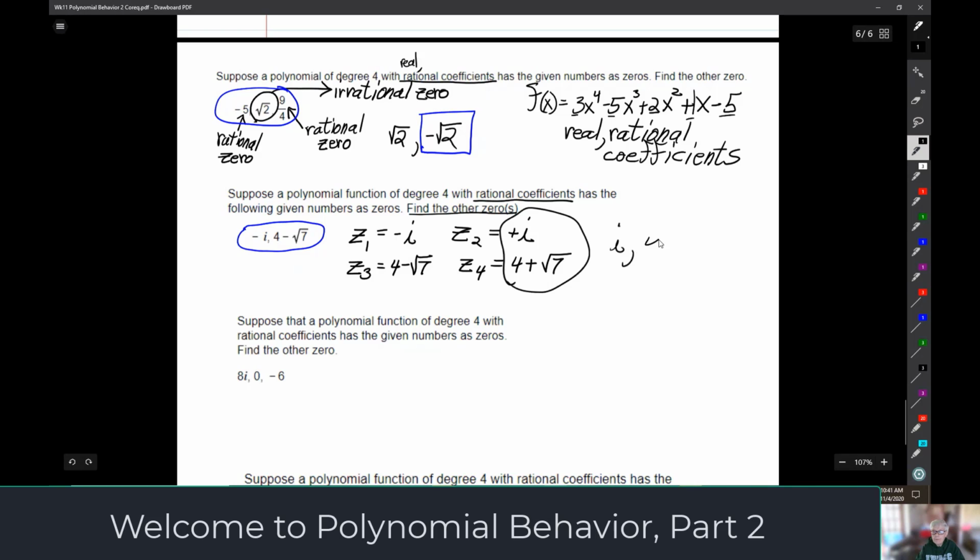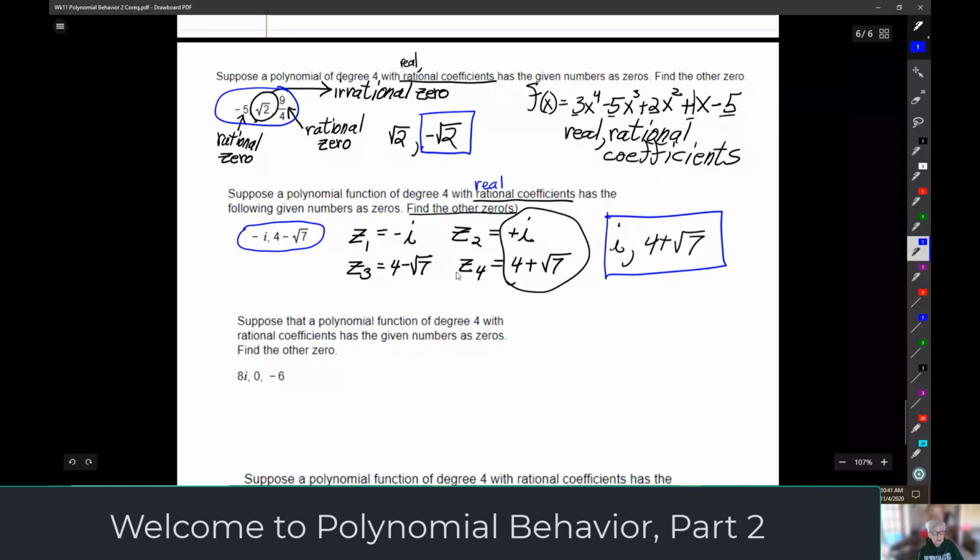i and 4 plus the square root of 7. These are the other zeros. If you want to have rational coefficients, real and rational, they're leaving off real, and I'm not sure why. I think they're saying to themselves, well, if it's rational, it's real. The rational numbers are in the real numbers, but students don't always know that.